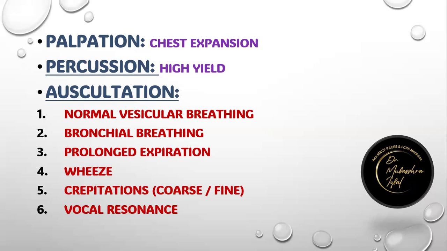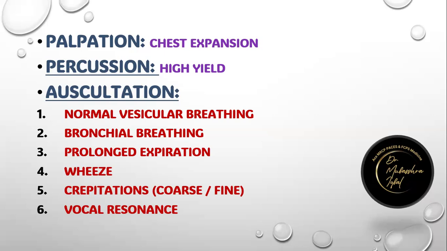And prolonged expiration will give you a clue that this patient might be having chronic obstructive pulmonary disease. It can be present in case of bronchial asthma as well as chronic obstructive pulmonary disease. And crepitations, if there are fine crepitations, they will give you a clue that this patient might be a case of idiopathic pulmonary fibrosis or interstitial lung disease, pulmonary fibrosis, or pulmonary edema, or even resolving stage of pneumonia.